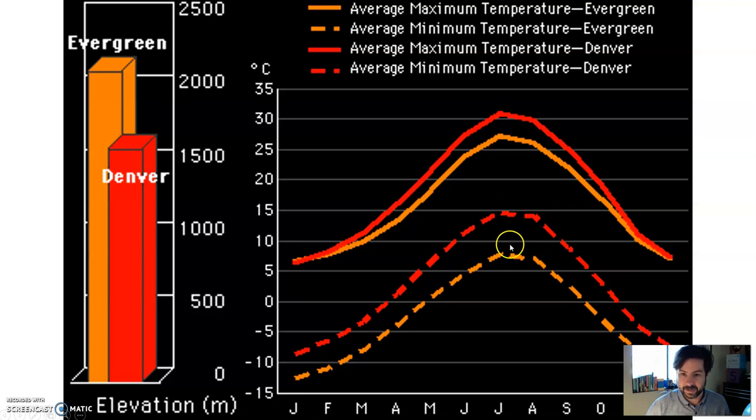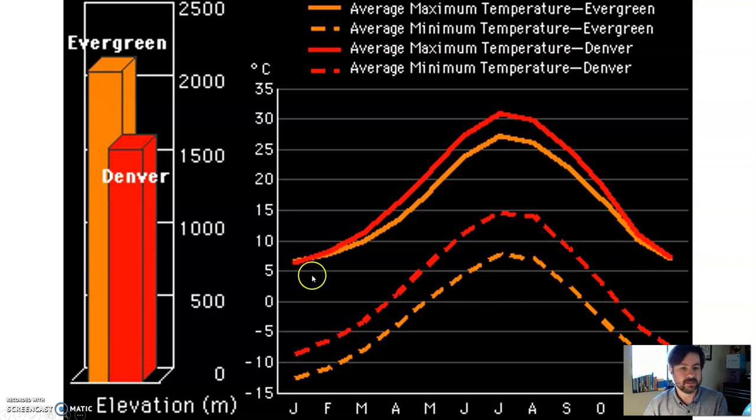It's a much bigger gap. So this is where elevation more affects the lower temperature. You get lower lows. If it wasn't for that, this orange would be up here, about the same distance as these highs. But in higher elevations, you're just going to get lower lows, colder colds, essentially.